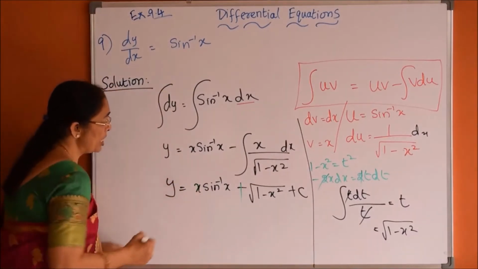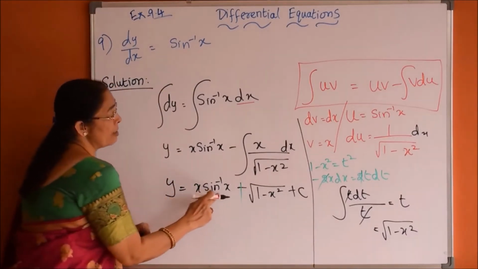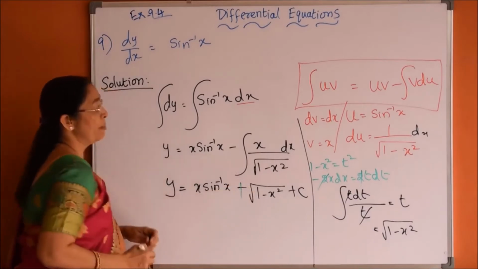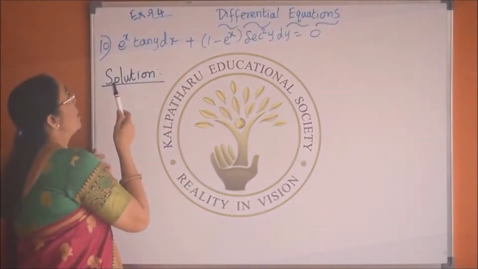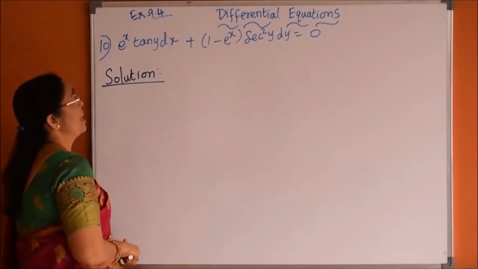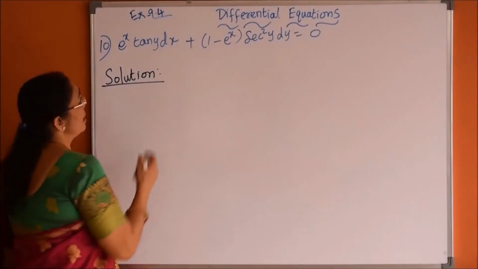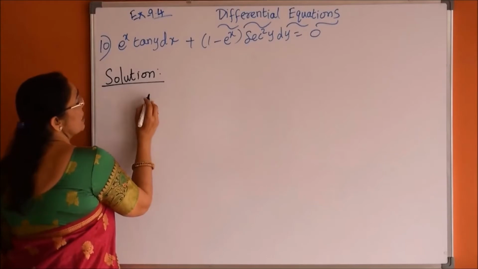So, the final solution is y is equal to x sin inverse of x plus root over 1 minus x square plus c.